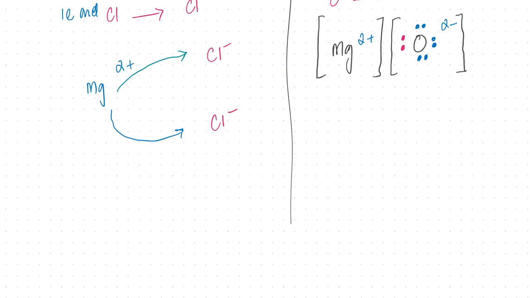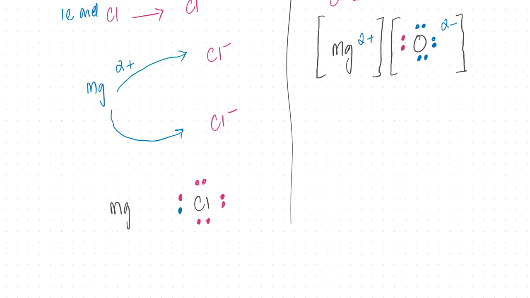Alright, let's talk about magnesium chloride now. Magnesium and chlorine. Staying true to the colors, chlorine I'll try drawing in pink. Chlorine has 7 electrons, 2, 4, 6, 7. Okay, now each chlorine takes 1 electron from magnesium. Magnesium on the other hand has no electrons around it.